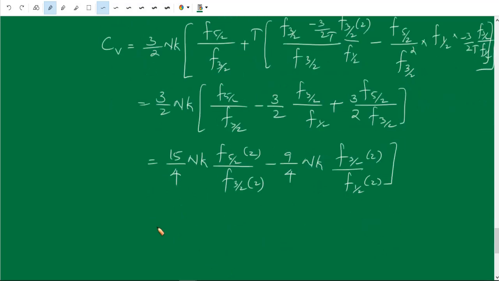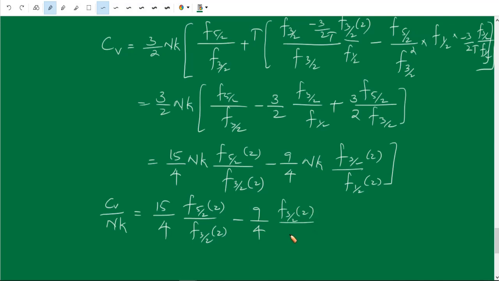Okay, or we can write Cv divided by nk is equal to 15 divided by 4 f5 by 2 divided by f3 by 2 minus 9 by 4 f3 divided by 2 of z, f1 by 2 of z.